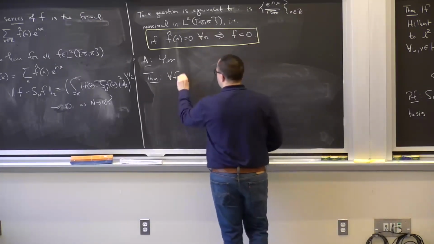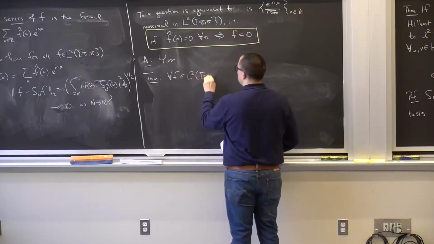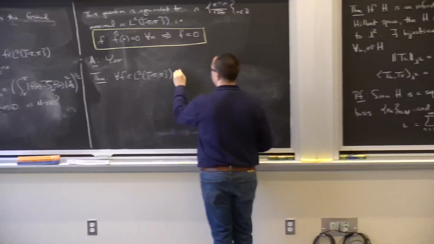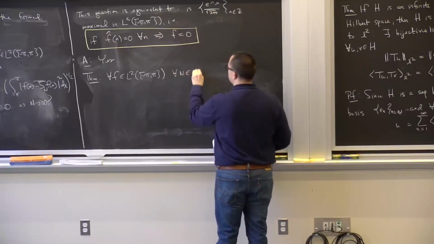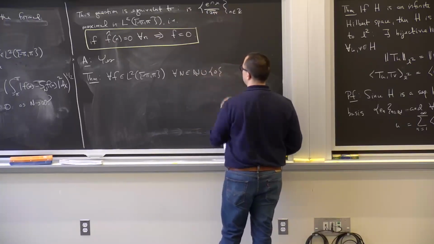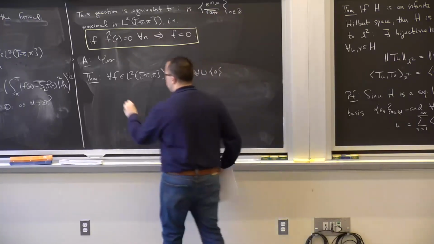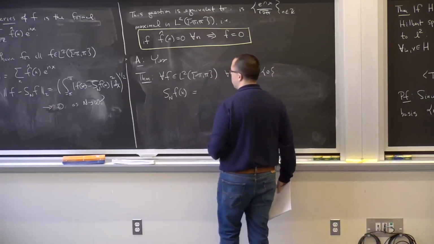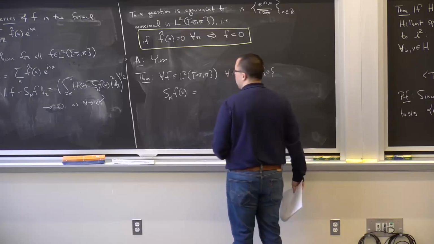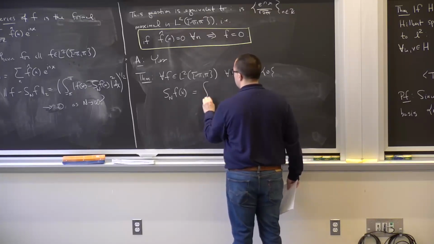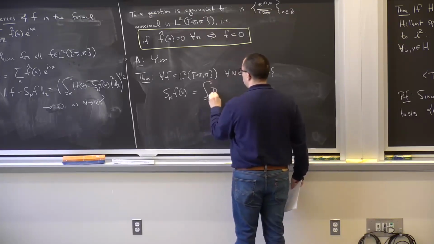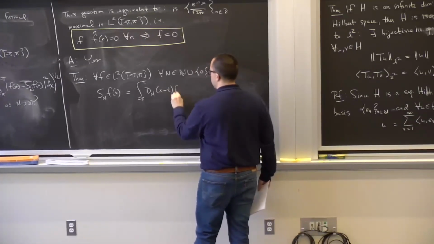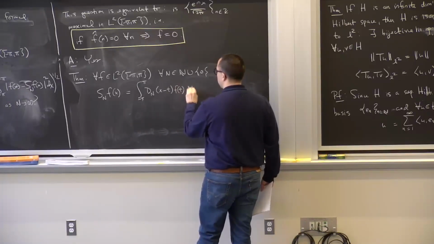For all f in L2 of minus pi to pi, and for all natural numbers n, including 0, if I want to look at the nth partial sum of f, I can write this as the integral from minus pi to pi of a function evaluated at x minus t times f of t, integrated dt.